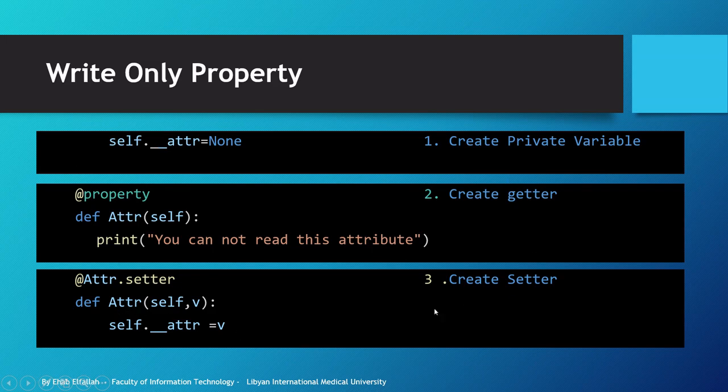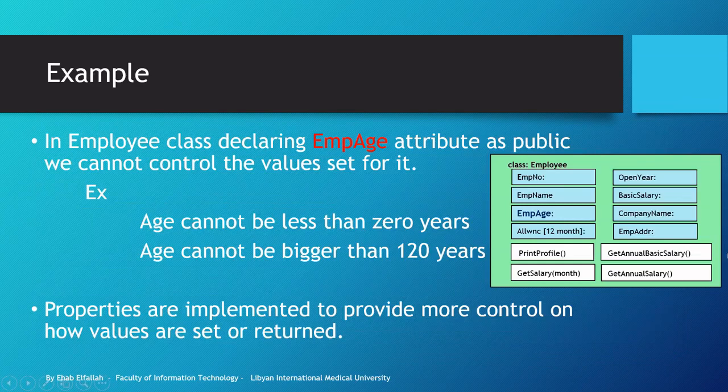This is very good if, for example, our employee has a password attribute. Imagine that one of the attributes we have is the main attribute, password. So usually you cannot read the password. Only you can set your password.